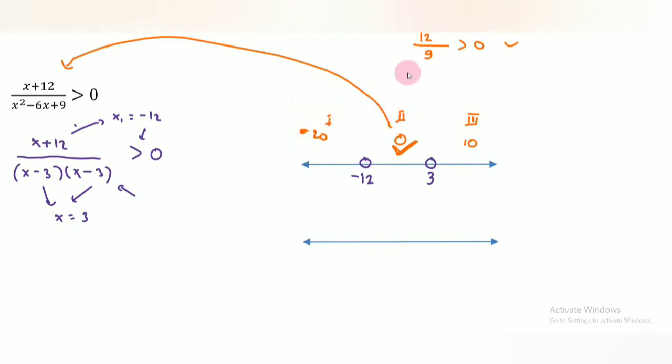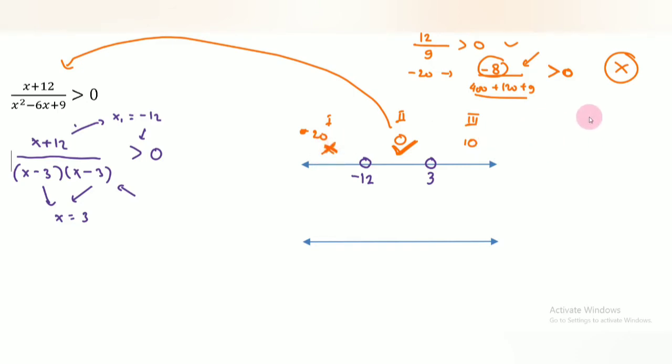Putting negative 20 into the inequality, it will be negative 20 plus negative 8 over 400 plus 120 plus 9, greater than 0. So in the end, it's negative 8 divided by a positive number. Is it greater than 0? No, of course not, because it will obviously be negative. So this one doesn't satisfy the inequality.